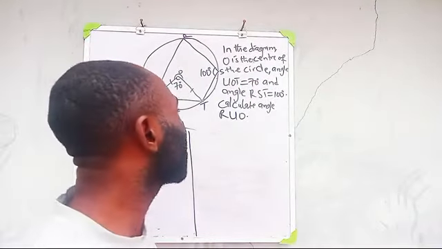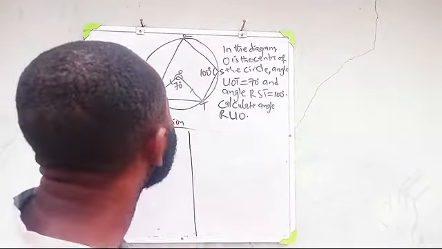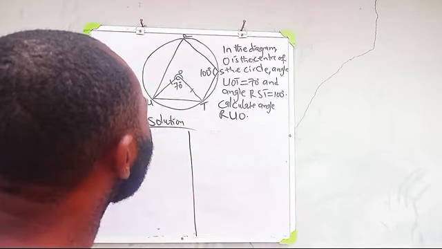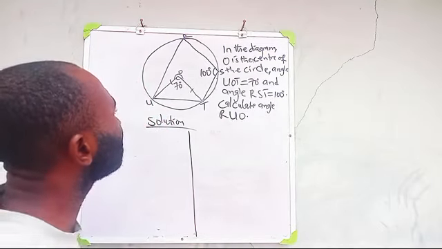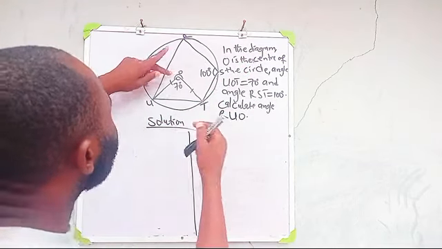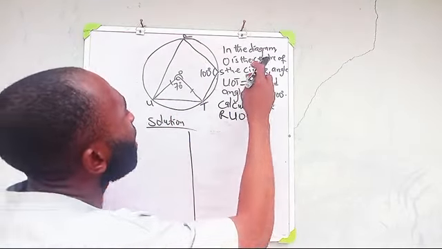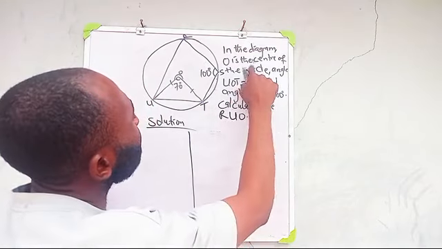So today we are going to circle geometry, and in circle theorems we have this question here which says: in the diagram, O is the center. As we all see, this O here is the center of the circle.